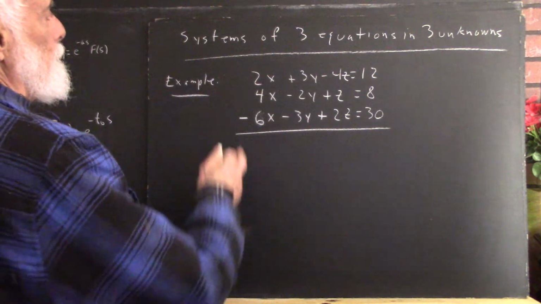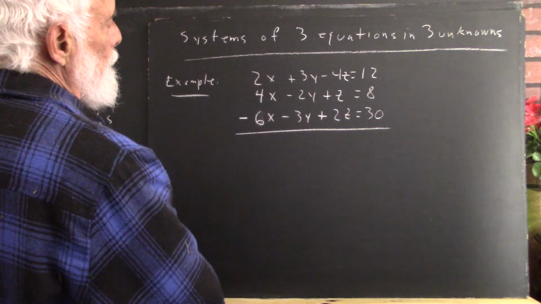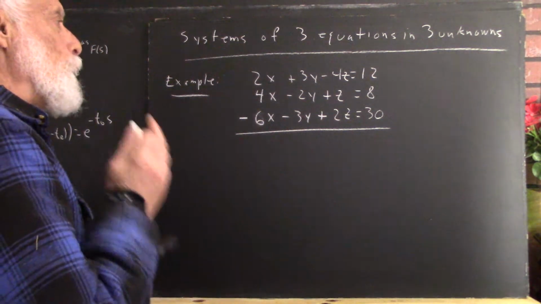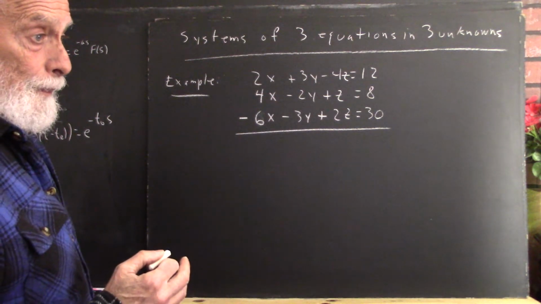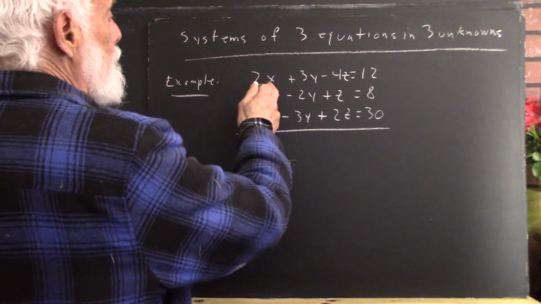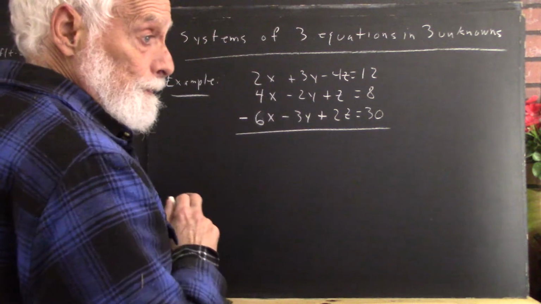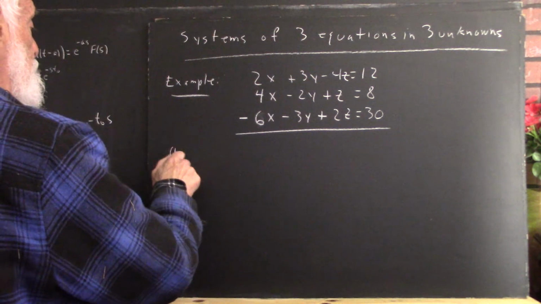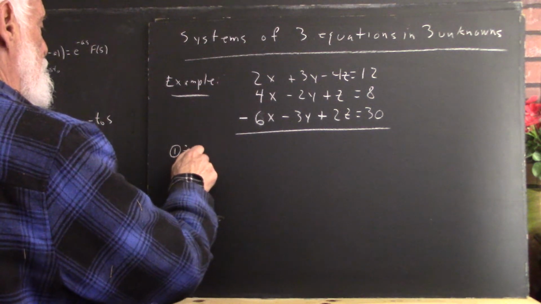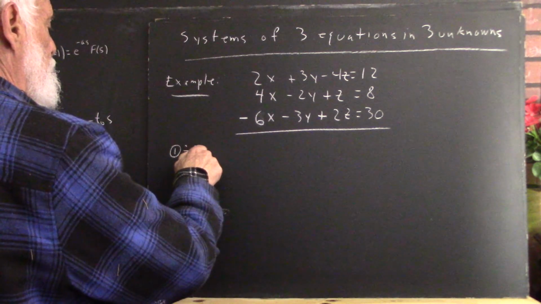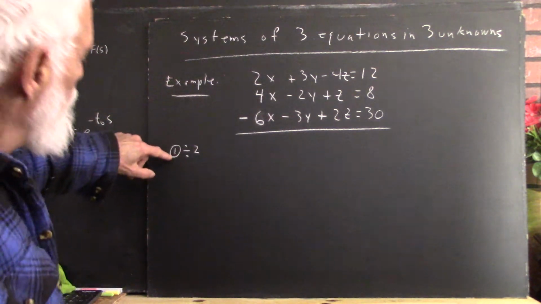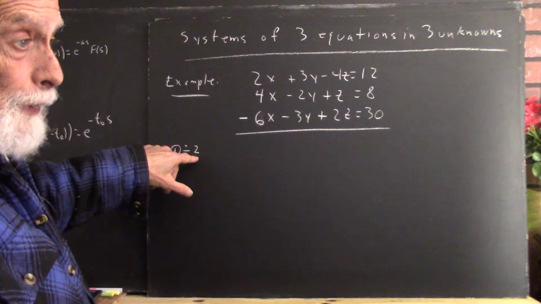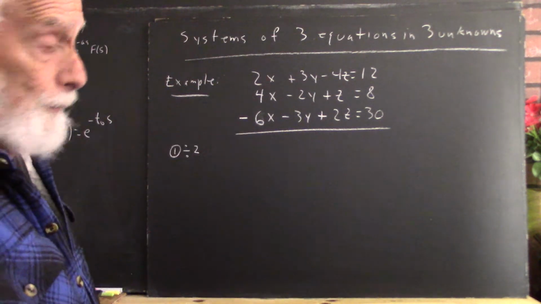Okay, so I can start. There are actually two options here. If I want to eliminate x, it helps if I have a coefficient of 1 in front of this x. So I'm going to do equation 1, circled 1 means equation 1, divided by 2, that means just divided by the number 2.